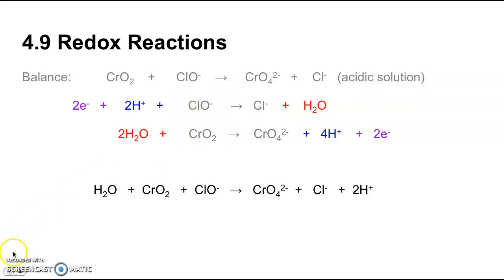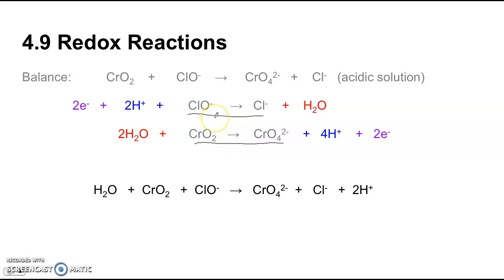The first step was to take this reaction and split it up into an oxidation half and a reduction half. So here are our two halves. And you want to put like species together. This has the chlorine in it, and this has the chromium, and you just want to put those together.